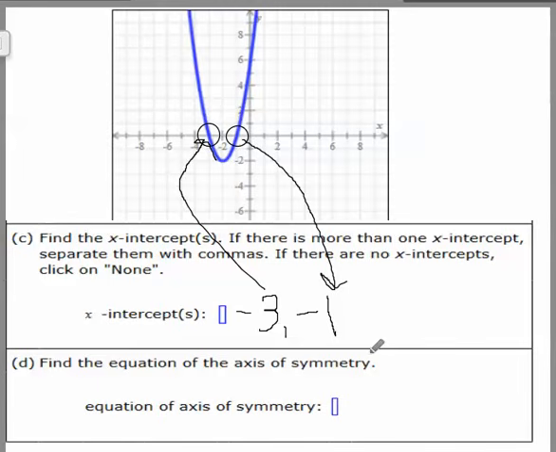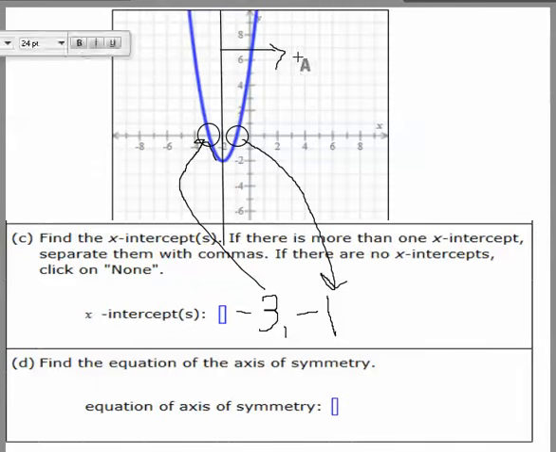Remember, symmetry means same. So if you were to draw a straight line through this graph, where would that go to where it was symmetrical on both sides? And remember, we talked in the last screen that it is actually through the vertex. So if I was to draw a line straight through this graph, this is our axis of symmetry.